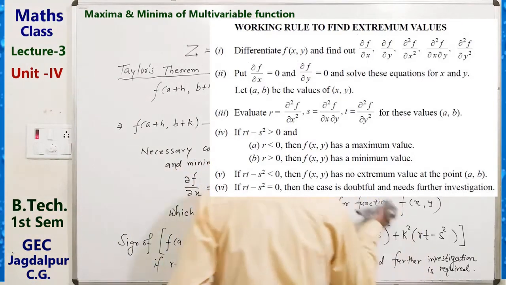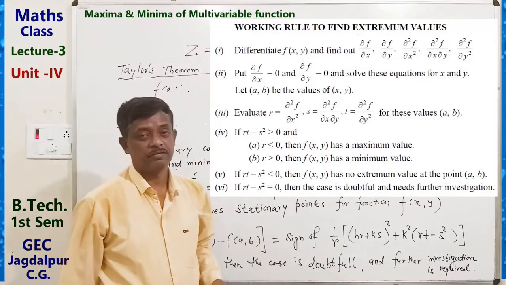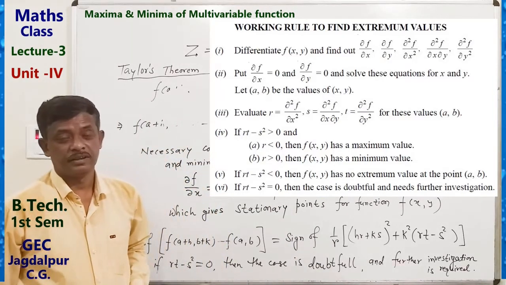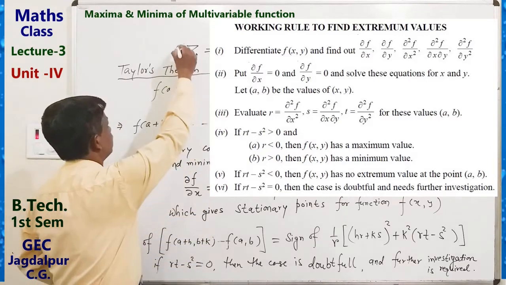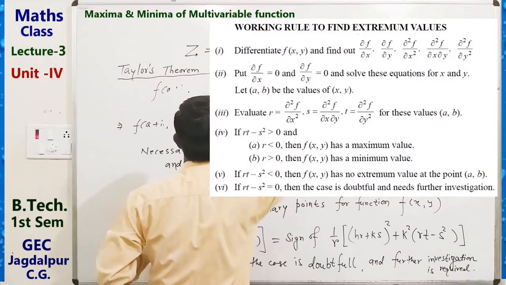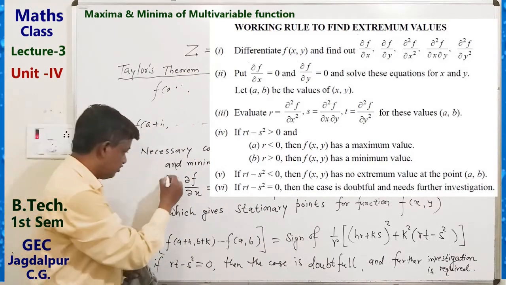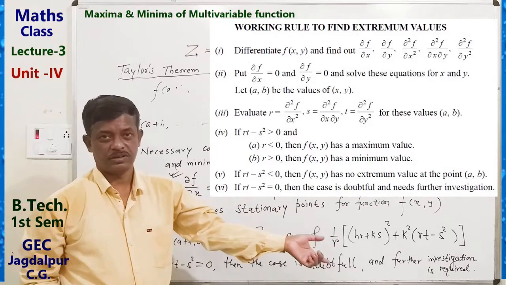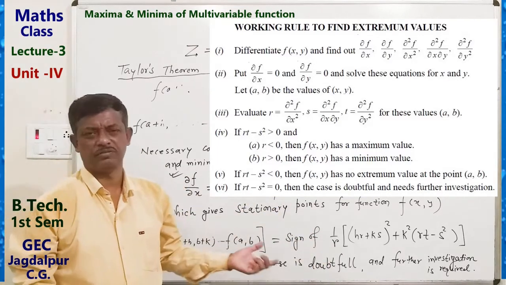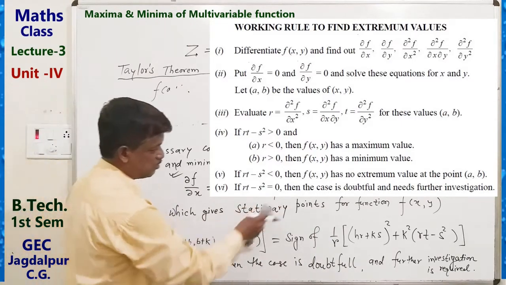First of all, write the given function f(x,y), find del f by del x and del f by del y equal to 0, and solve them as simultaneous equations, and you get the points which give the stationary points.